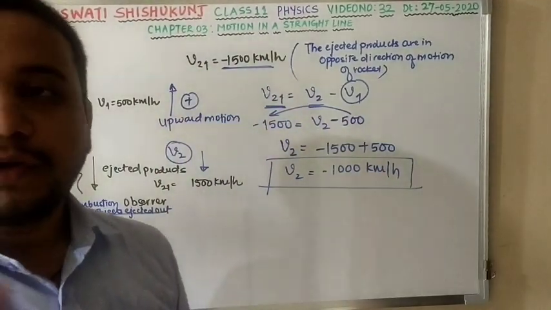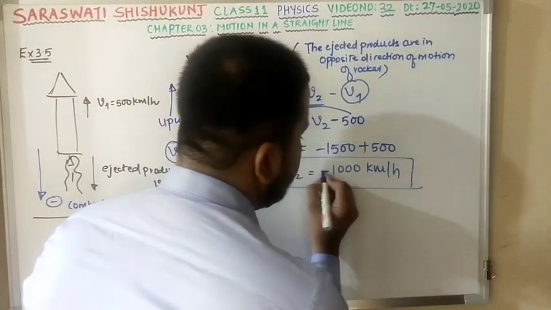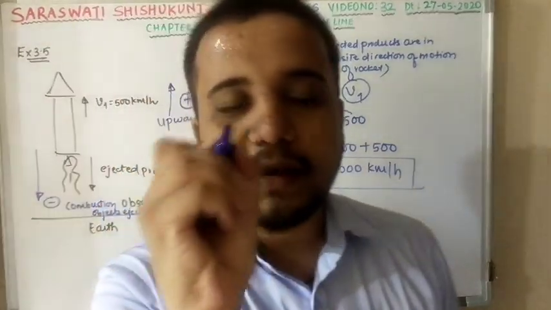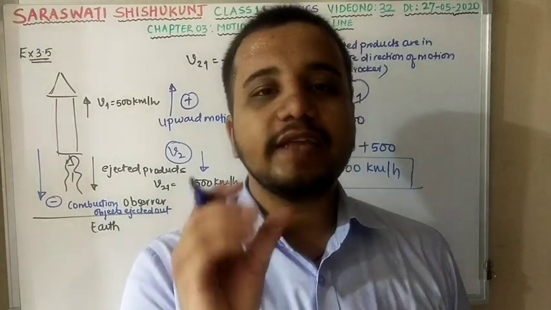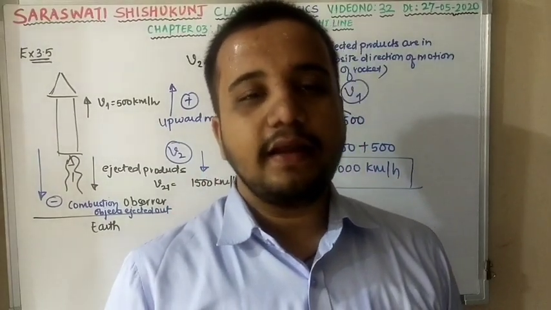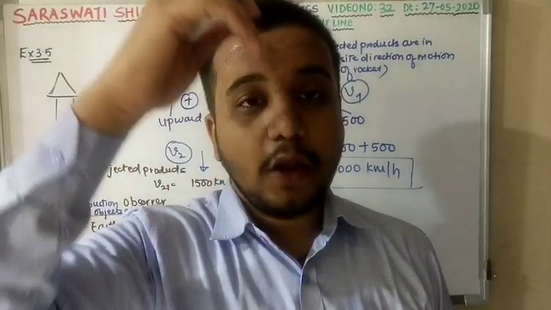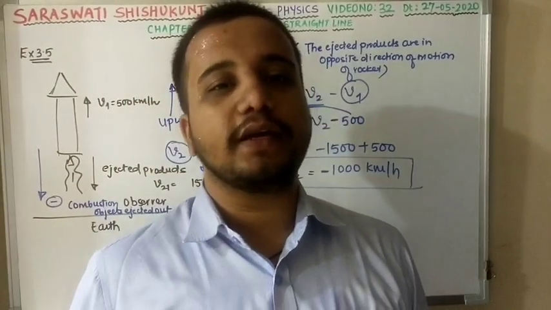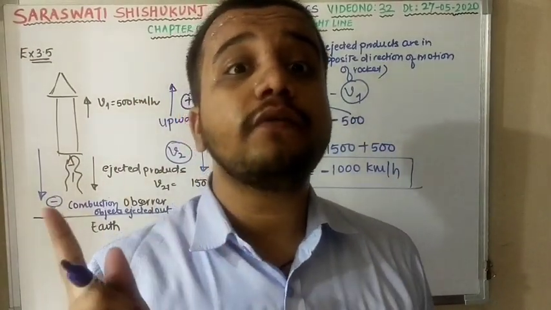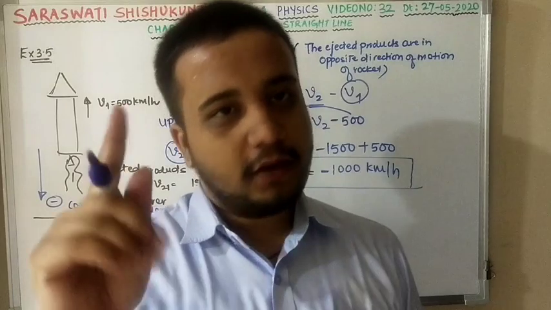But here you will be able to notice one thing. Why is minus coming over here? Can anybody tell me why minus is coming over here? The negative sign over here represents that the direction of the combustible objects that are ejected out from the rocket is opposite to that of the motion of the rocket. Very good.